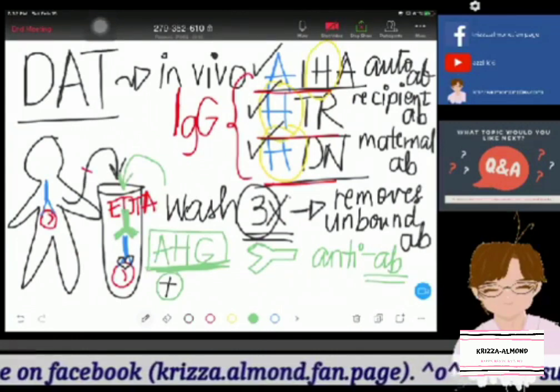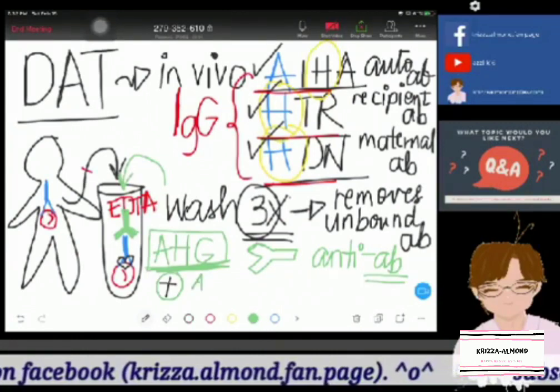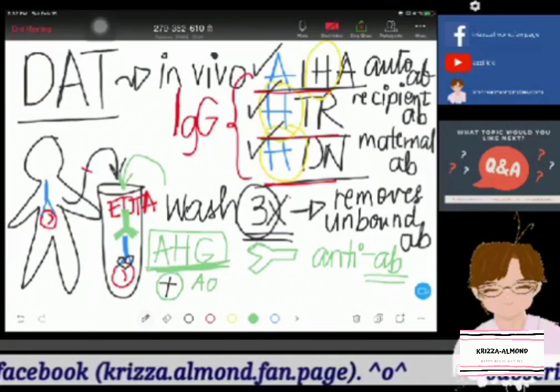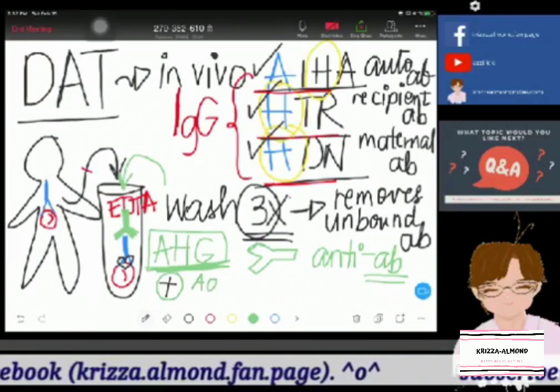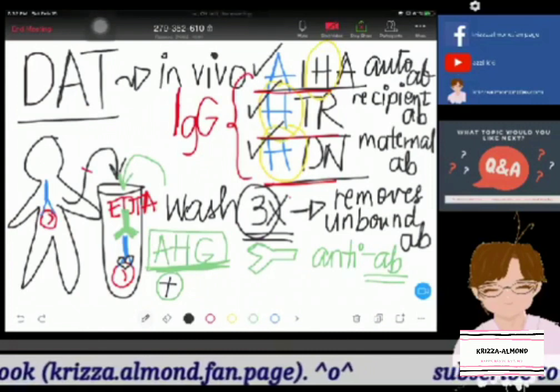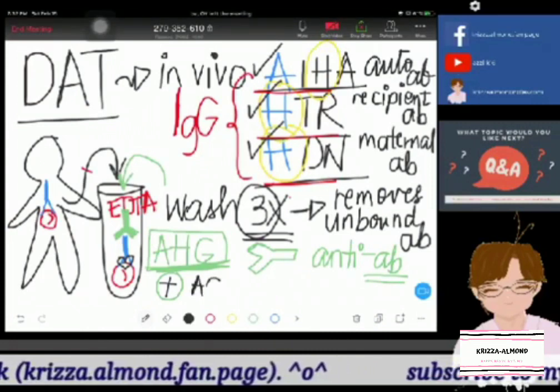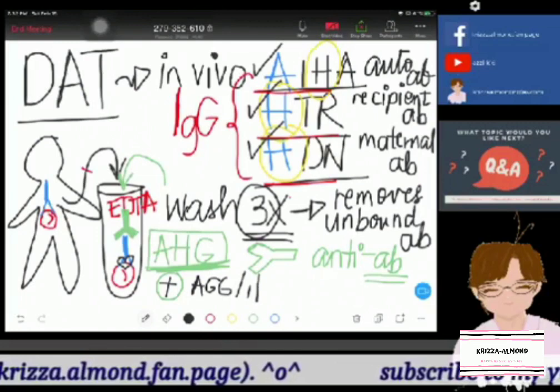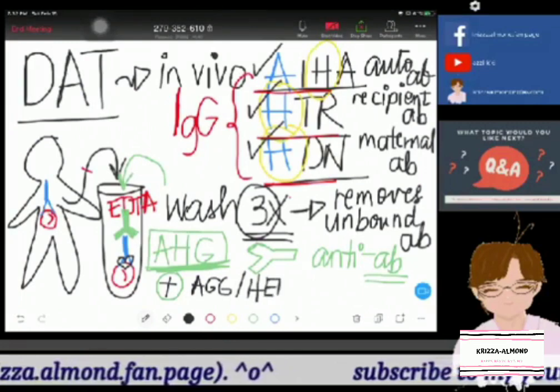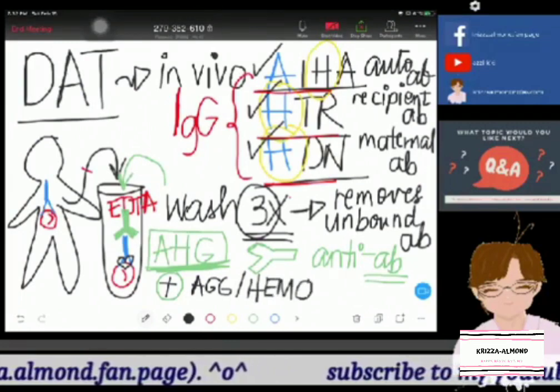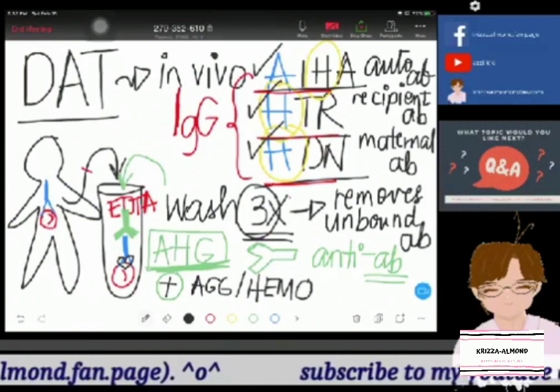Okay, pwede, kitang-kita mo na rin naman kung agglutinated, pero syempre, we have to really check if there is agglutination under the microscope. Okay, so let me just rewrite the positive result here. Agglutination. Sometimes it will also be observed as hemolysis. Okay? Agglutination or hemolysis.